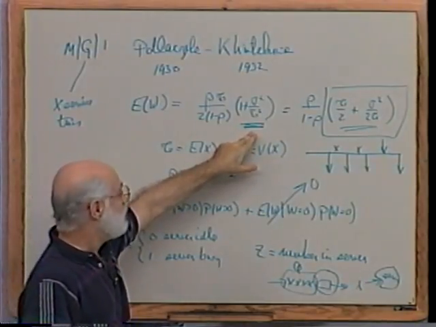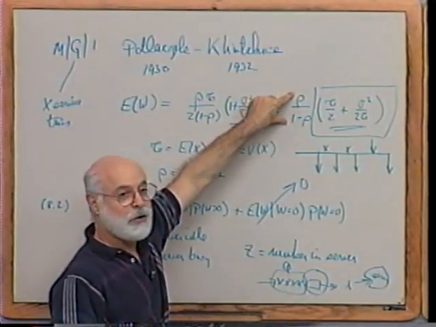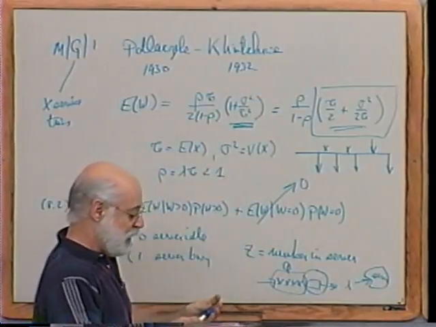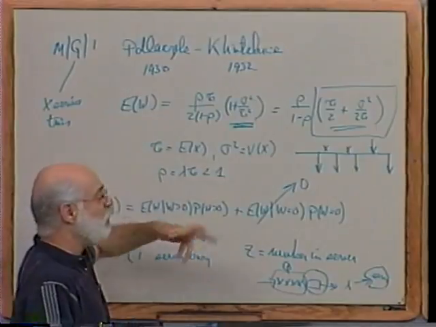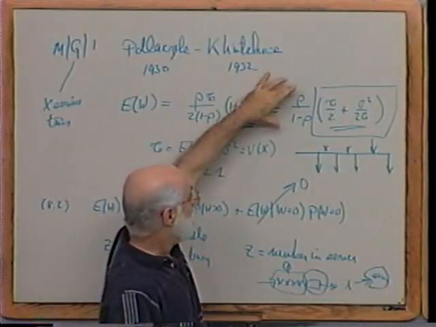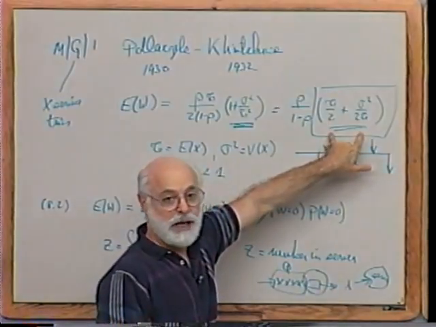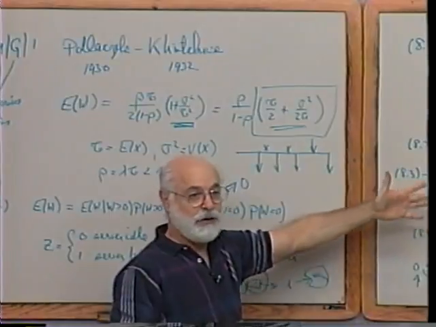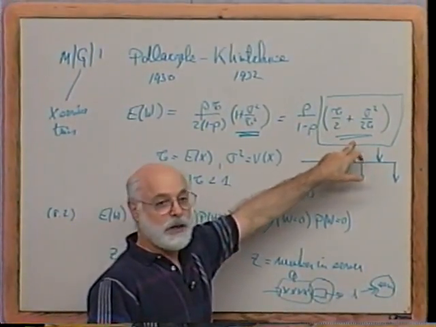And the rest of it, writing it this way, is simply something to do with the utilization of the server. Now it's still not clear to me why it is that the average waiting time should be a simple multiplication of this rho over 1 minus rho term times this forward recurrence time. I really don't know. Of course, if you follow through the mathematics, it comes out, so it must be true, but it's still rather striking that that's the way it works.